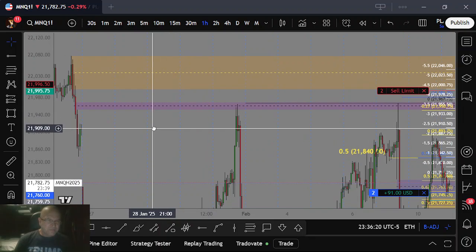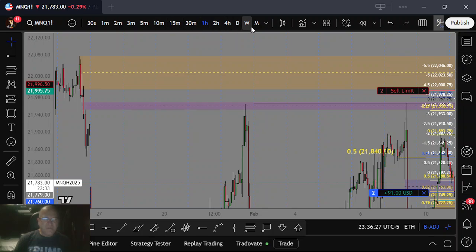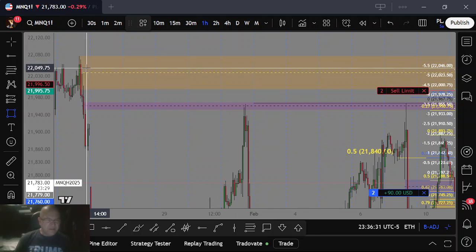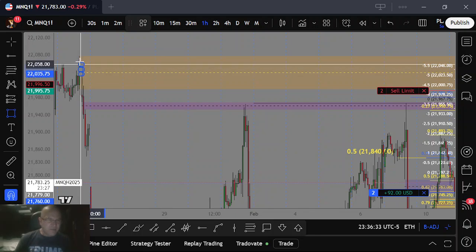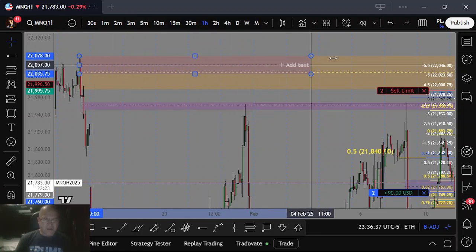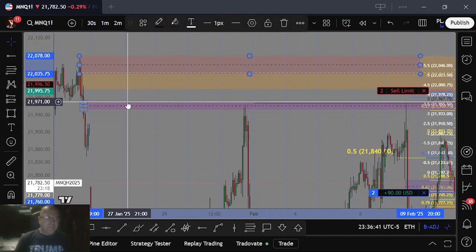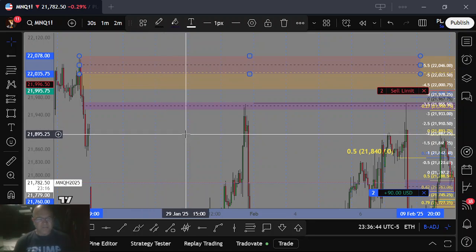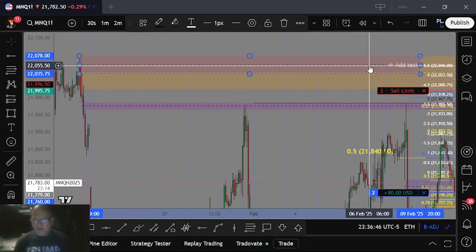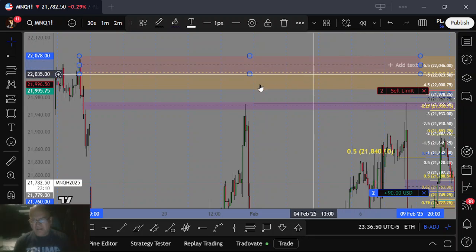If we look at this as if we take that wick to the top of the order block and count that as our actual order block, the untouched portion of it, then we're up here right at the 5.5 for the midline of that.